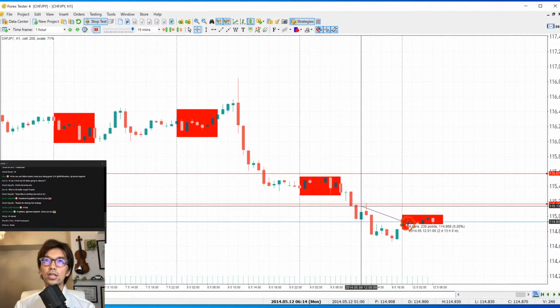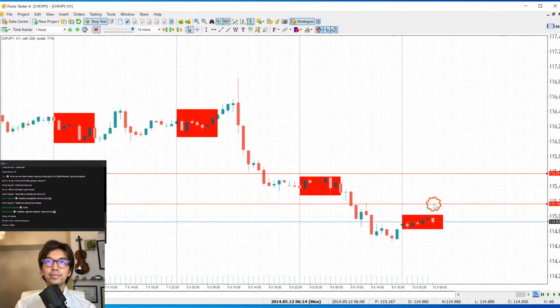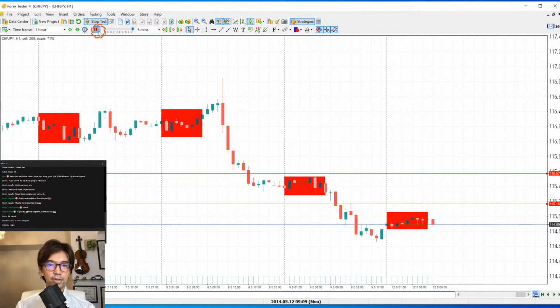So I think you must be able to get at least 20 pips of profit here. Now let's wait until the next Tokyo box forms. Okay, so now the Asian session ended. So we just basically wait for the breakout, right? Towards either up or downwards, we just wait for it.